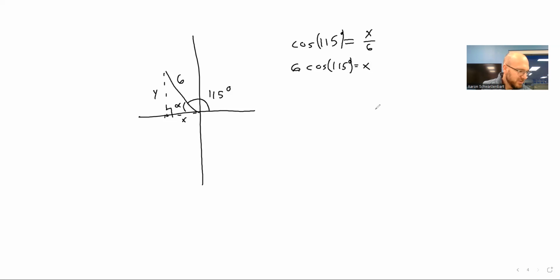And that value is 5.44. No, that value is negative 2.54. Looking at the wrong one. That makes more sense. The y, again, I'll just do with sine. Is y over 6. So 6 sine 115.